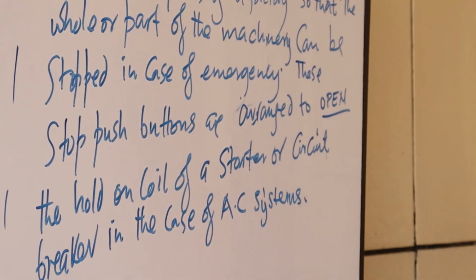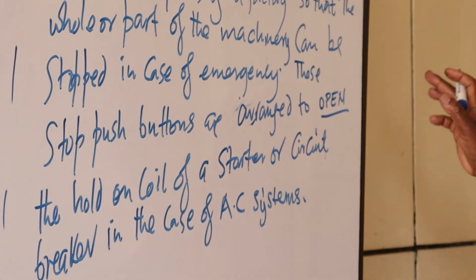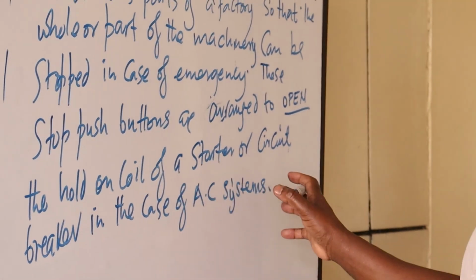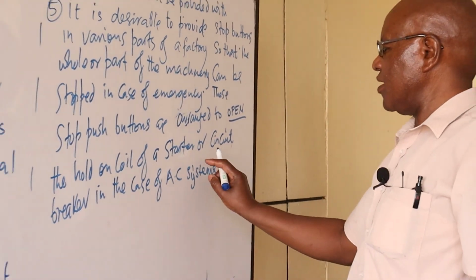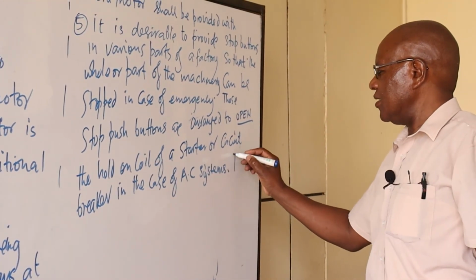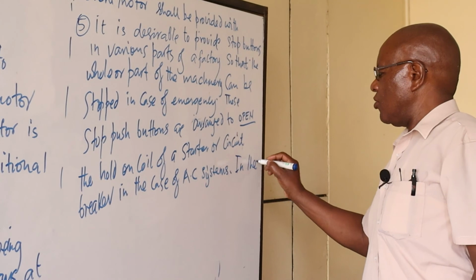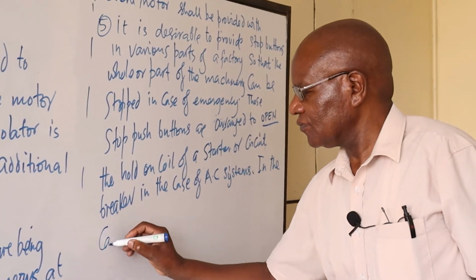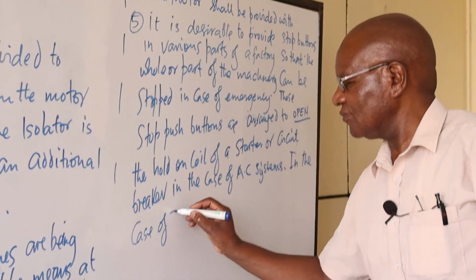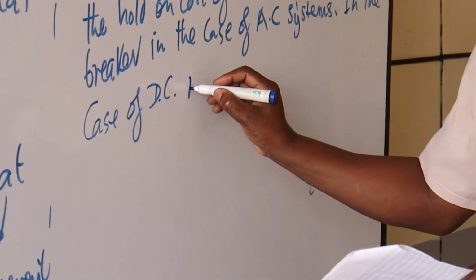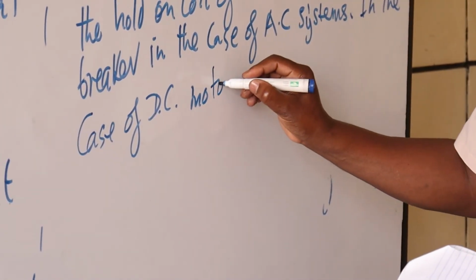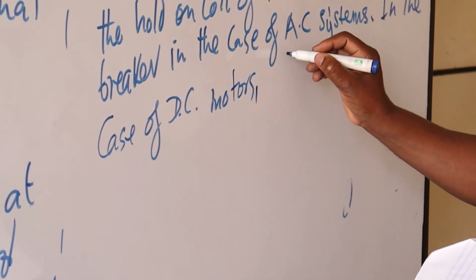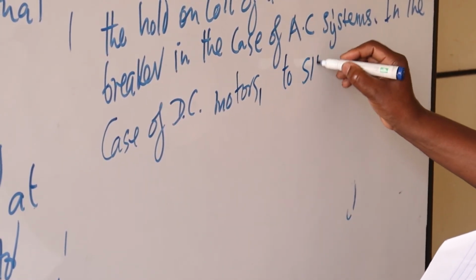So in the case of AC motors, the stop push buttons are meant to open the hold-on coil circuit of your starter or circuit breaker in the case of AC systems. And in the case of DC motors, it is to short the hold-on coil.